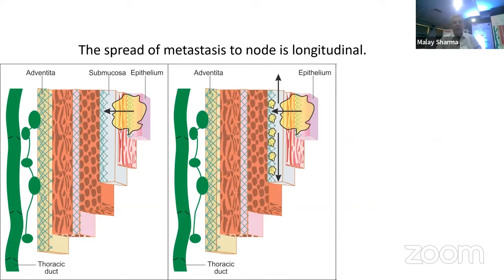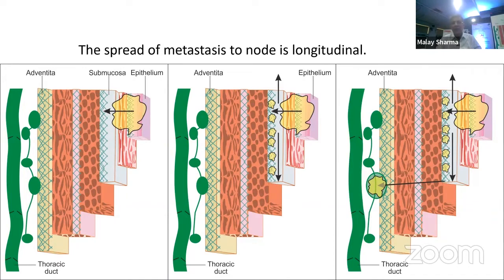From the epithelium and mucosa it goes into the submucosa, where it becomes a bidirectional spread, and from this it can spread outside into the periesophageal and paraesophageal nodes.